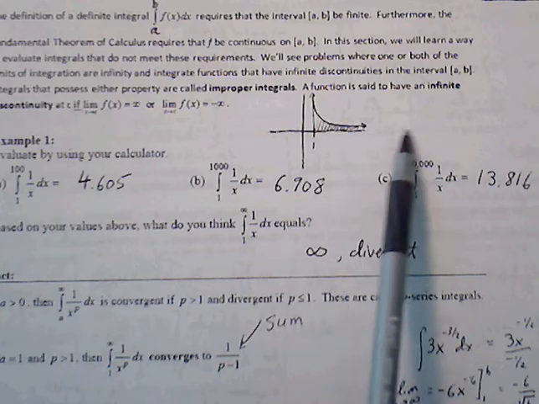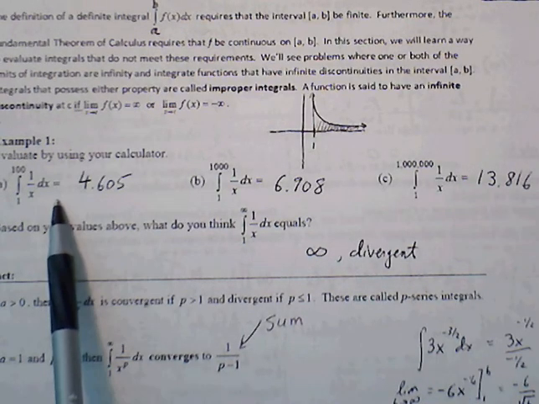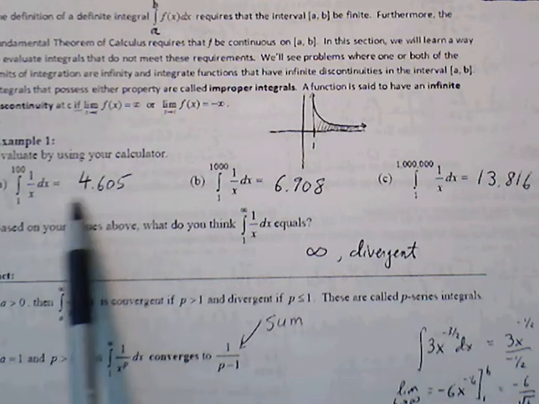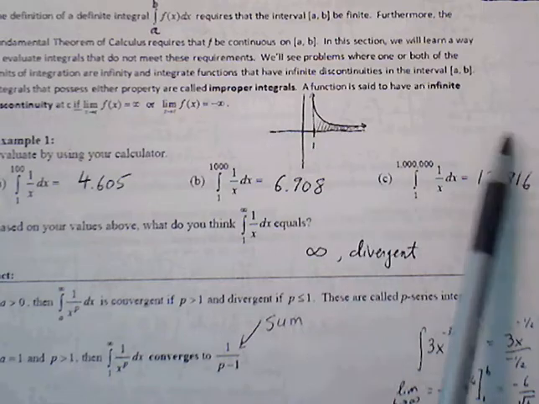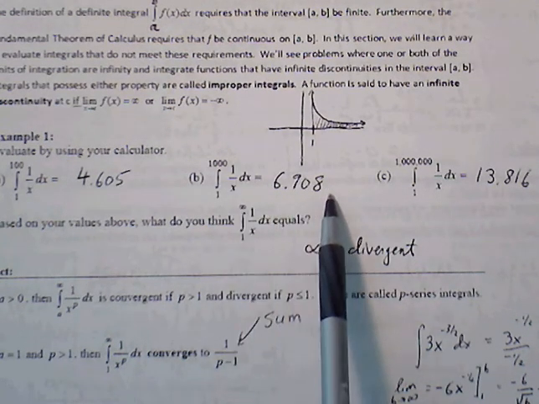If we evaluate using the calculator's FN integral feature, the integral of 1 over x from 1 to 100 will give us 4.605, and from 1 to 1,000, it'll be 6.908.